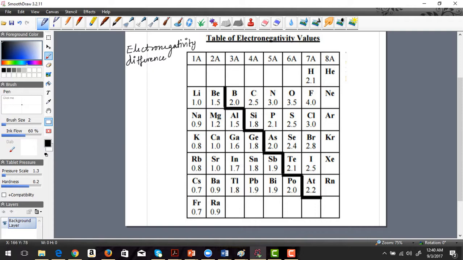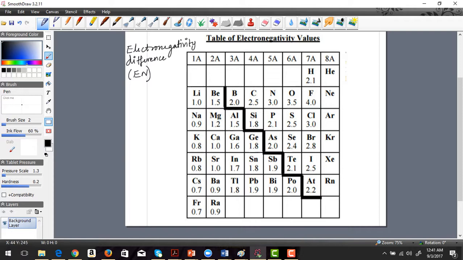Now, keep in mind this concept works for most compounds, but there are exceptions, which is where your VSEPR or your Lewis structures come in. I am going to abbreviate the electronegativity difference as EN. These are values that you do not have to remember. I will give you these values on a test.